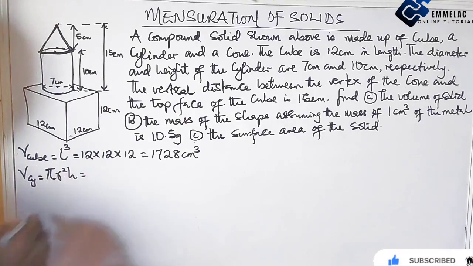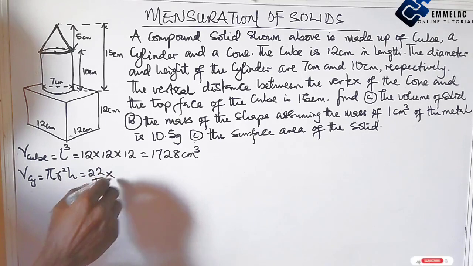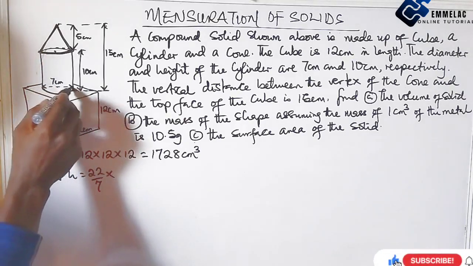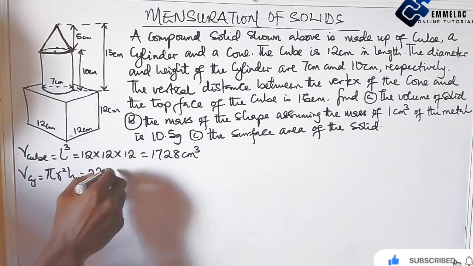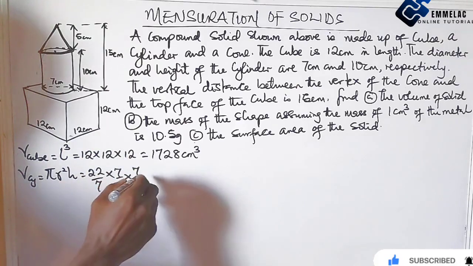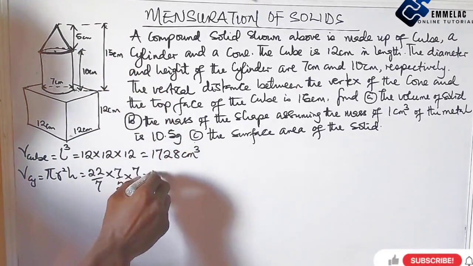Now let us find the volume of the cylinder, which is given as pi r square h. This is 22/7 times the radius. This is the diameter, which is 7, so the radius is half of 7, which is 7/2 times 7/2. Then our height, from here to here, is 10.